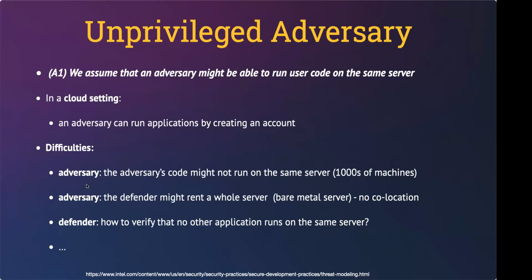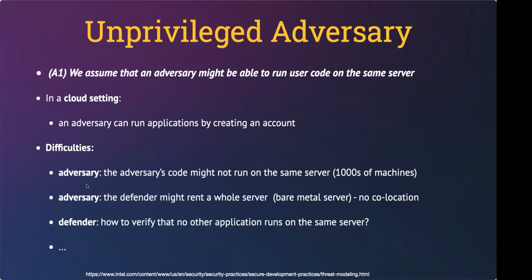So from that perspective, having unprivileged programs on the same cloud is really difficult for an adversary to actually attack the defender's application, so the application owner's application. But the defender also has problems protecting its application.